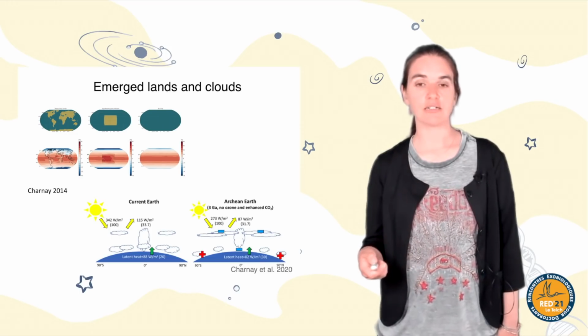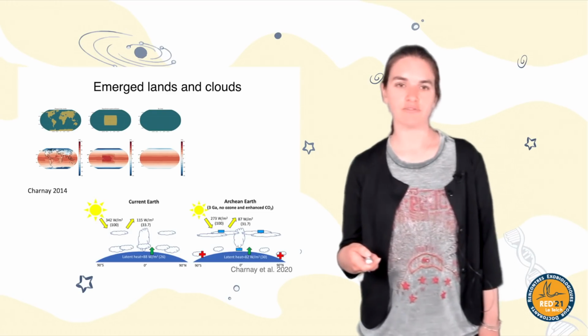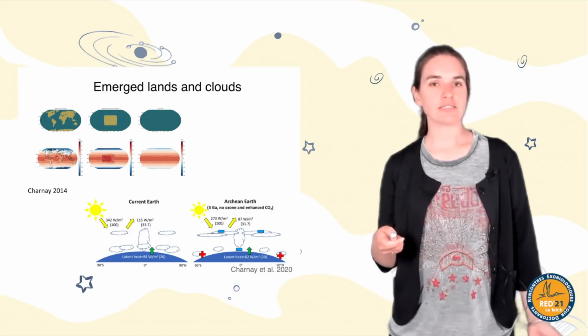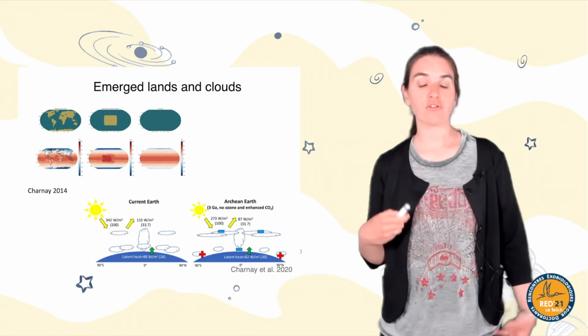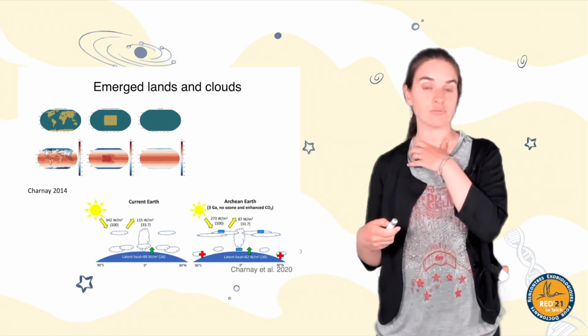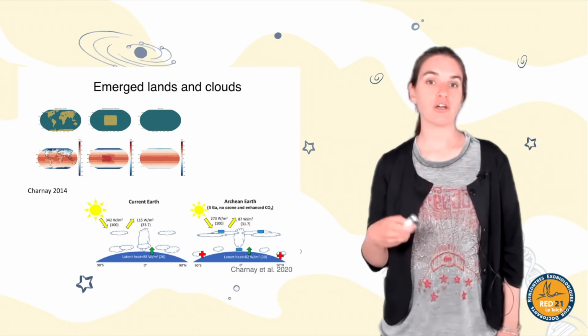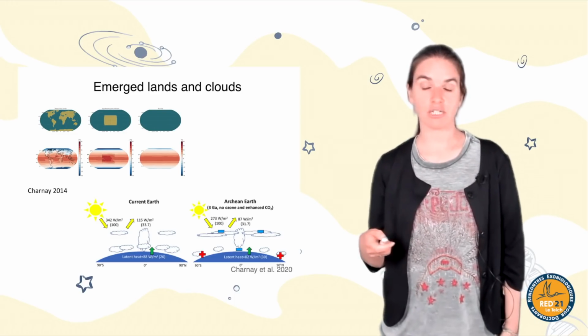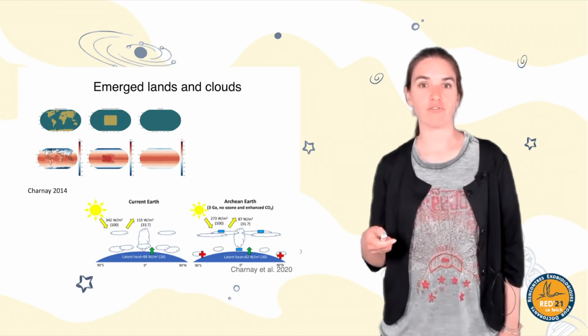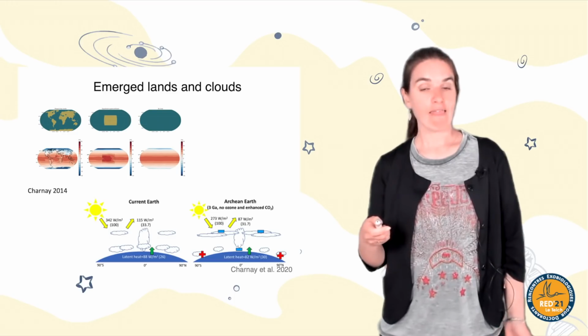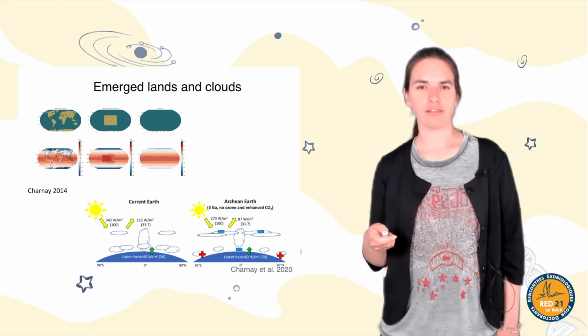But also, what this modeling shows, and it is very interesting, is that the effect of this greenhouse, or the concentration of greenhouse gas, will depend on the modeling of the amount of emerged land. That is also not a resolved question right now, and neither is the amount of cloud in the Archean.